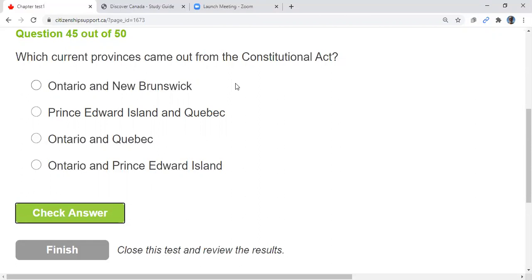I think I'm not sure. Ontario and Prince Edward Island. I'm not sure. I think number 4 or number 2. I'm not sure, teacher. You want to ask for help? Okay, let's try.